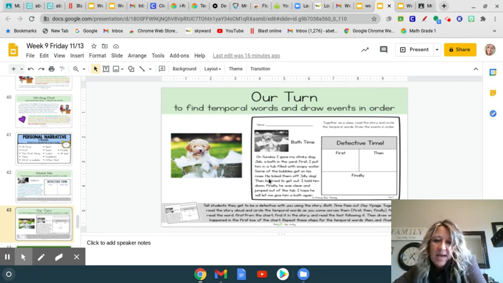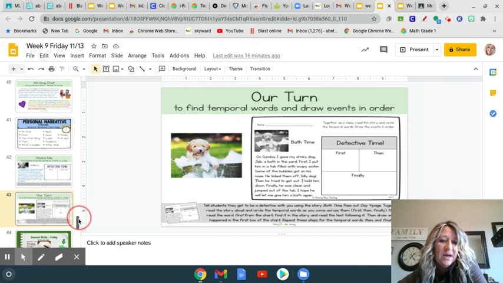And then it says, some of the bubbles got on his nose. He licked them off, silly dog. Then, that's another temporal word. Then he tried to get out. So what did he do? He tried to get out, and you held him down. And then finally, he was clean and jumped out of the tub. Finally, what happened? He was clean. So they use lots of good temporal words there.